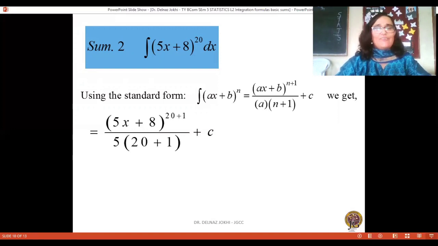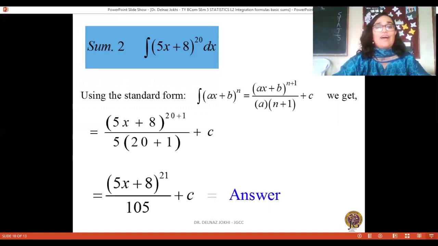We shall definitely write our answer in a better way like this. See, the answer is flashing. (5x plus 8) raised to power 21 upon 5 multiplied by 21 gives you 105 plus c. I hope you understood how to use the 2 rules and 9 standard results.